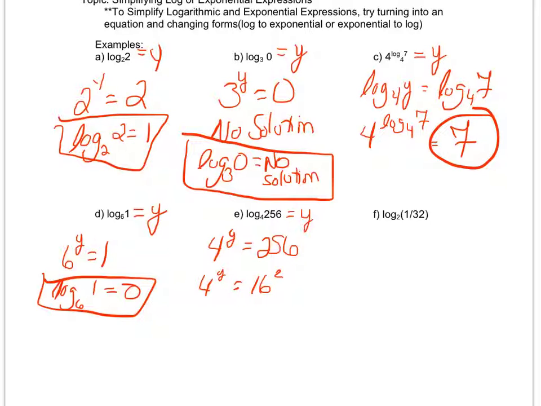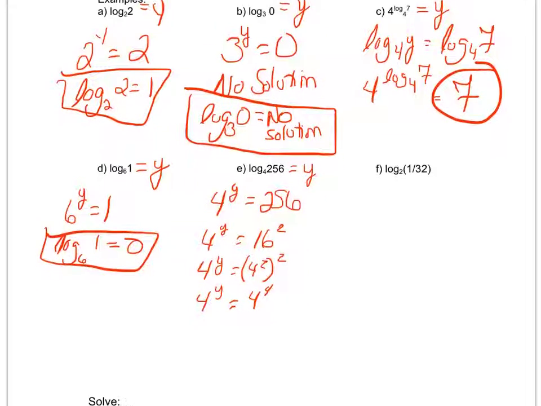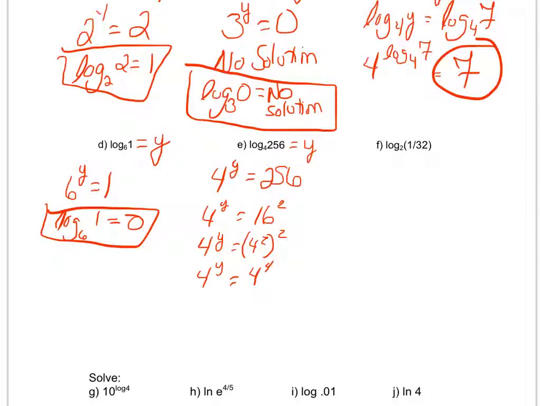Therefore, 16 is 4 squared, so I know that 4 to the y equals 4 squared, squared. So 4 to the y equals 4 to the 4. Therefore, I can now take the jump and say that log base 4 of 256 is equal to 4, in order for the left side and the right side of my equation to be the same.